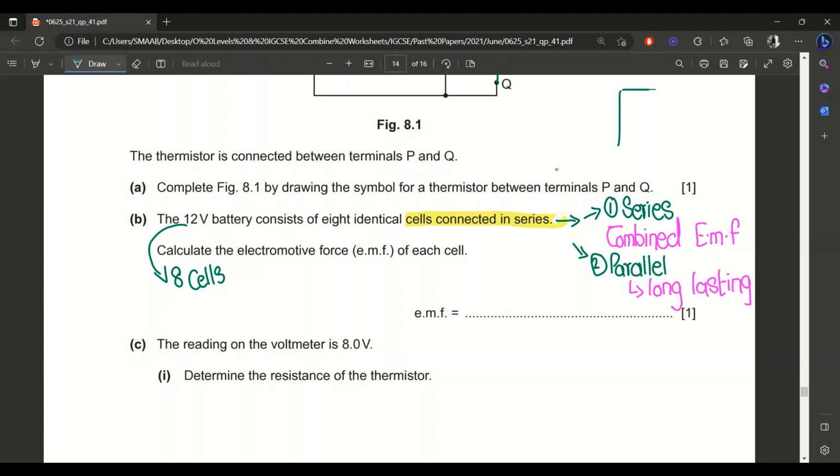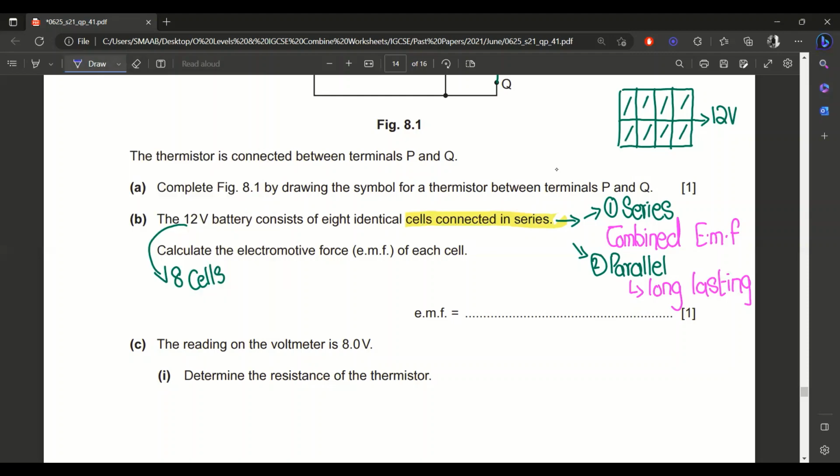So there are a total of 8 cells in a battery, and this battery gives the output of 12 volt. So we need to find out the EMF of a single cell. How do we calculate the EMF of a single cell?